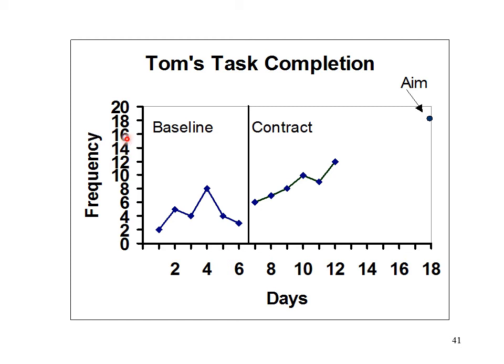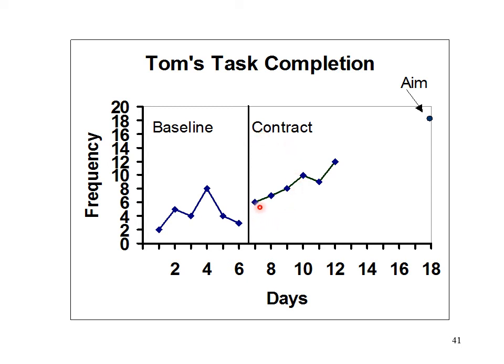So our graph here, we have the y-axis and the x-axis. We have frequency of task completion. We have 6 days of data in baseline. We implemented a behavioral contract on day 7.